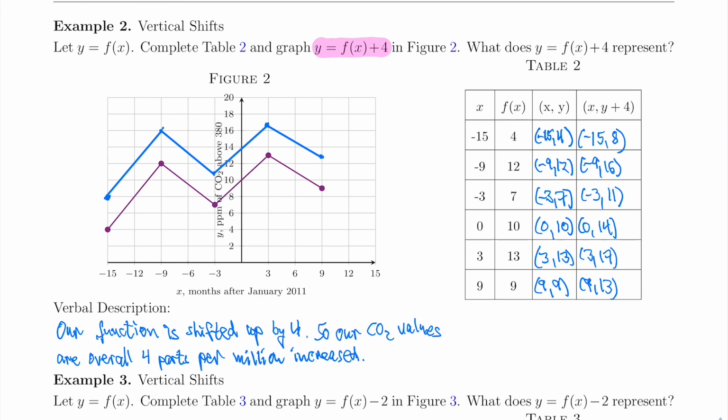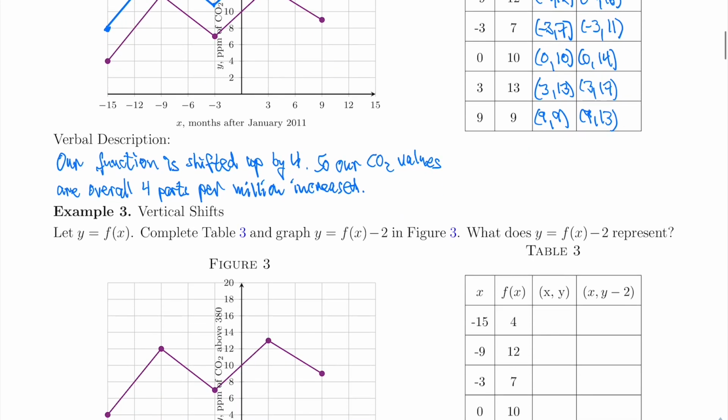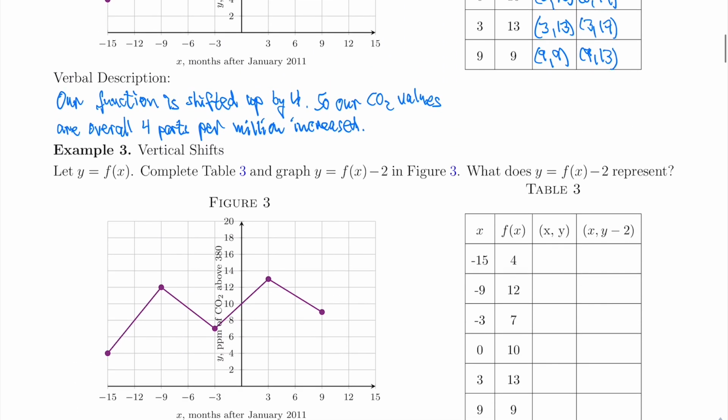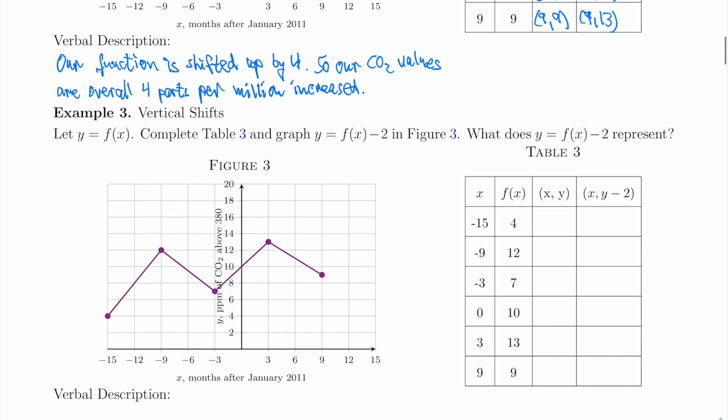Now, what happens when we have minus 2? You probably already have your guesses. Instead of plus 4, we're going to look at taking our function value and subtracting 2. So this time around I'm going to start with the table, and I'm going to fill in all my points first.